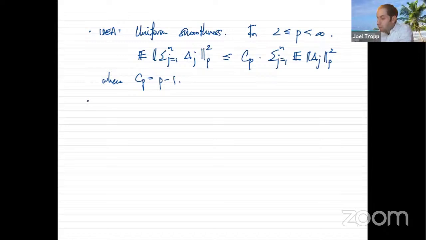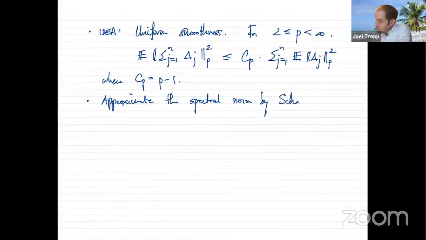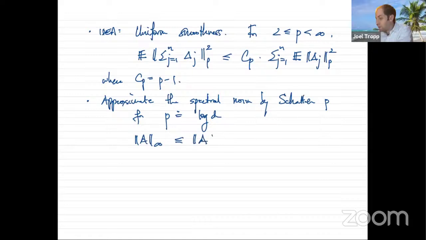Now, this isn't really so bad because we can approximate the spectral norm by the Schatten p norm, for p about equal to the log of the dimension of the matrices. To remind you, the spectral norm of a matrix is always smaller than its Schatten p norm, which is always smaller than d to the 1 over p times the spectral norm.